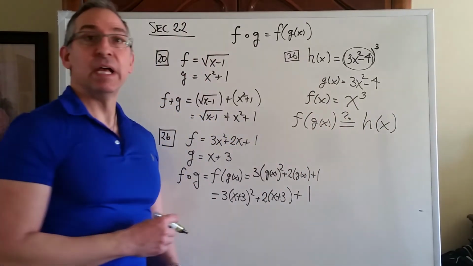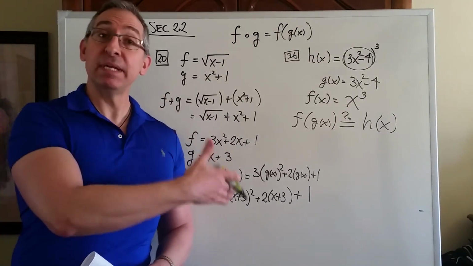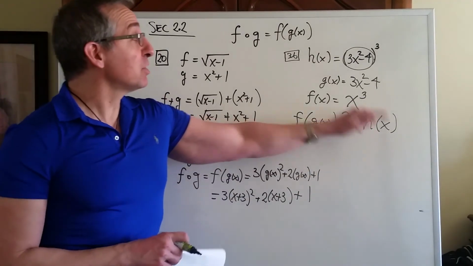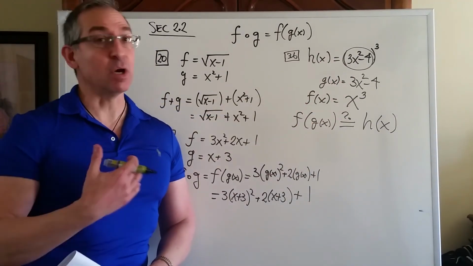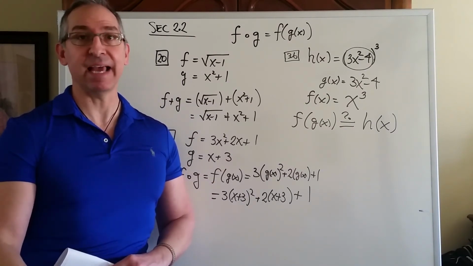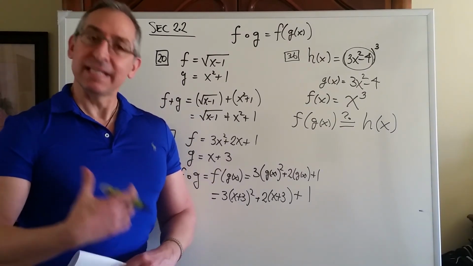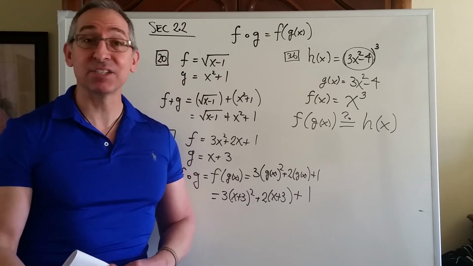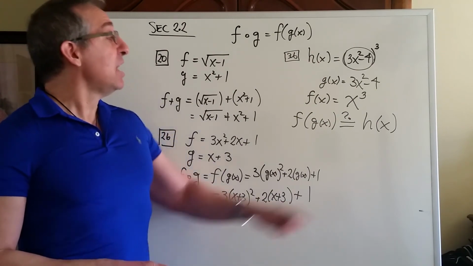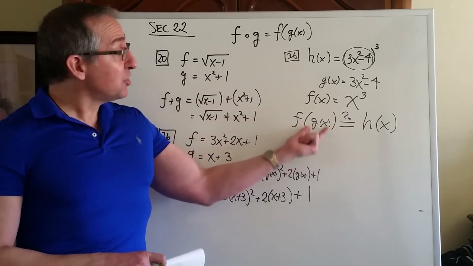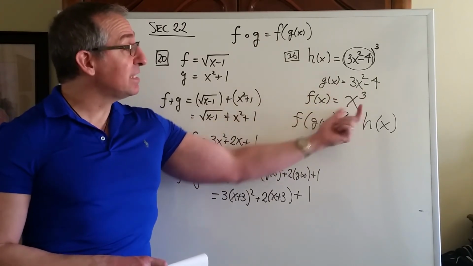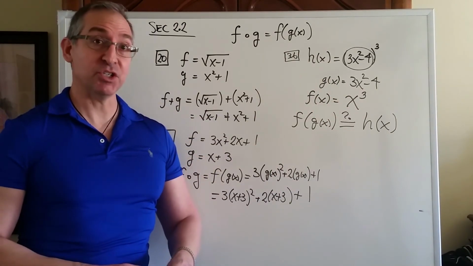Is it true? Can I take g of x, drop it into f of x, and get the original expression right here? Check it. Don't be passive, gang. Don't just sit and watch. Got to be a little bit active, right? It's a math class. We got to get something out of this, right? So I want you to check it. Take g of x right here, force it into this, and see if you get back the original function, okay?